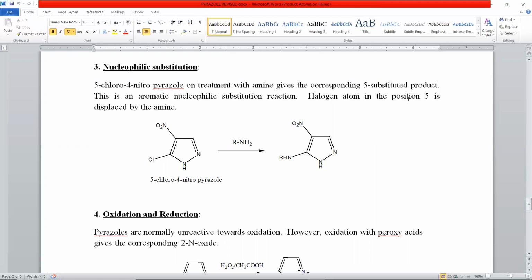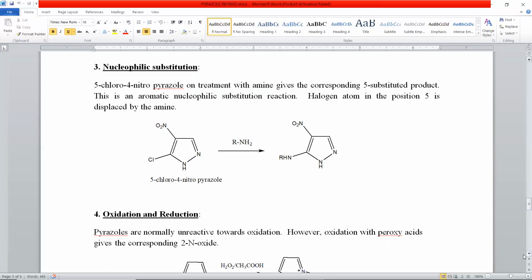Halogen atom in the position 5 is displaced by the amine. So this halogen atom is the leaving group. It is displaced by the base, this amine. So nitrogen will attack as a base at this carbon atom, and then after loss of H plus, it forms the 5 substituted product. So therefore, this is a nucleophilic substitution reaction. A leaving group present in the pyrazole ring system is displaced by the amino group.